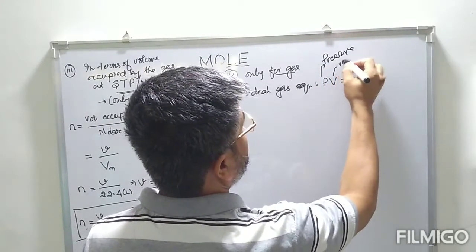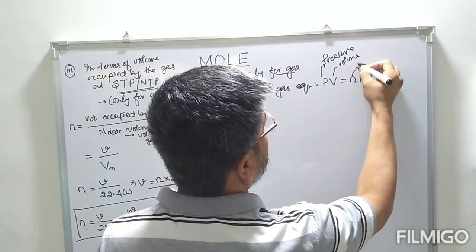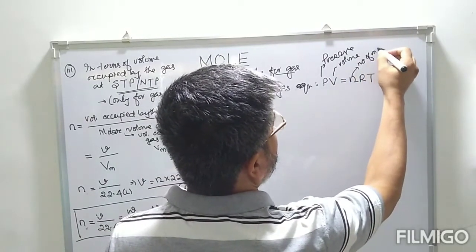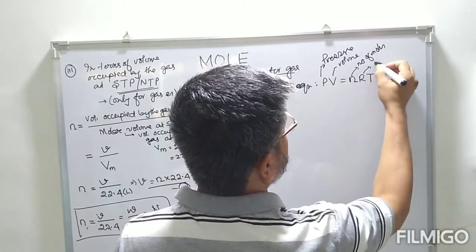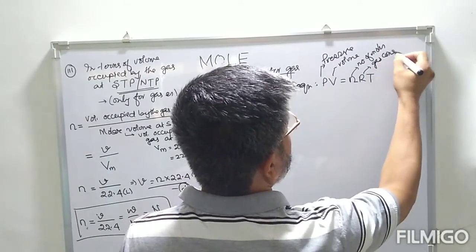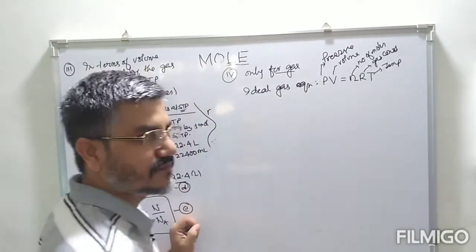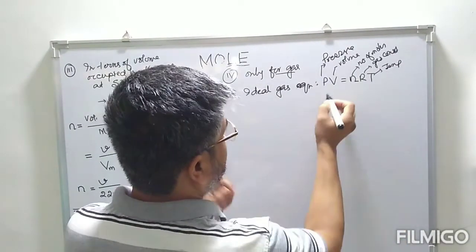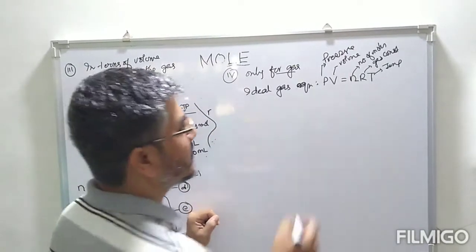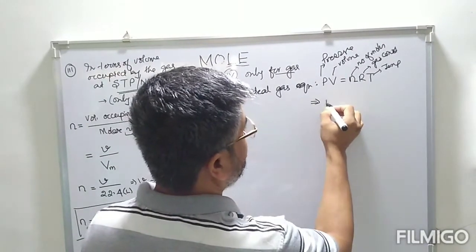This is pressure, volume, number of moles. This is the gas constant. This is the temperature of the given substance. If pressure, volume, temperature is given, then we can define the number of moles.